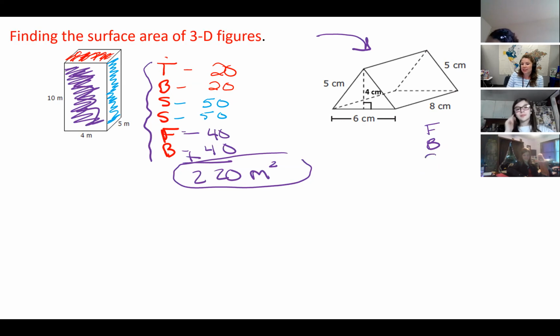And then I have 3 sides. Sometimes my sides are the same, but a lot of times they're not. So the tricky part, girls, is the side. Make sure when you're doing the triangles, once again, we're looking for a 90-degree angle. So for the triangle, are we going to use 5 for the height or 4 for the height?